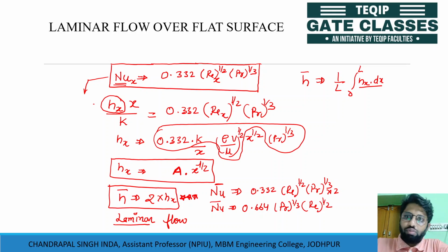These results were obtained by using Blasius's result, and this empirical relationship was found by his PhD student Pohlhausen. Next we have the Von Karman integral equation.